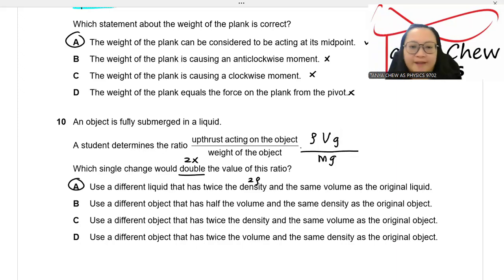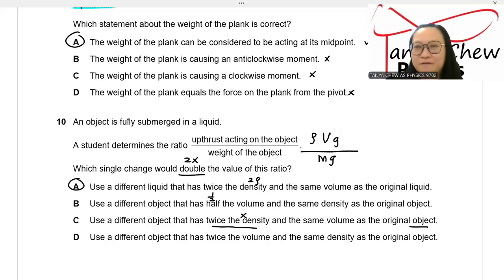B: use a different object that has half the volume. If you have half the volume, you will get half of the original ratio. C: use a different object that has twice the density and the same volume as the original object. The density of the object is not related to the ratio; it is the density of the liquid, so it would not double the value of this ratio.